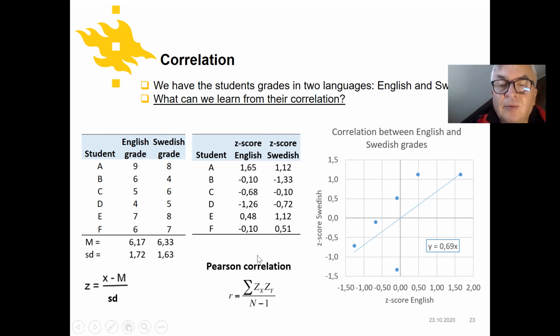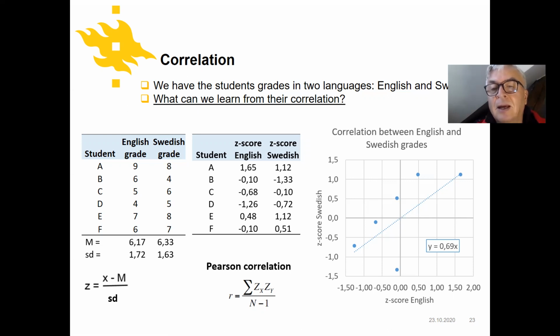And then from that formula, you get the correlation coefficient, which is 0.69. So 0.69 times x. And you don't have to have anything else because, as I said, this always cuts with standard scores.